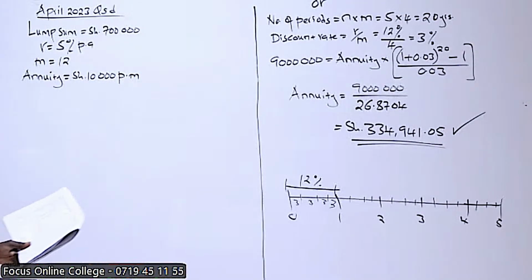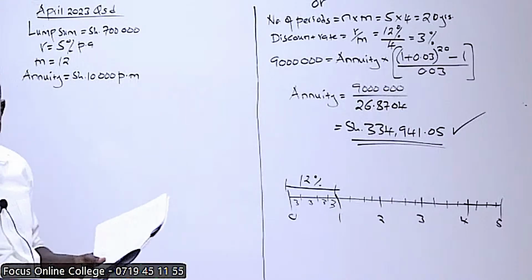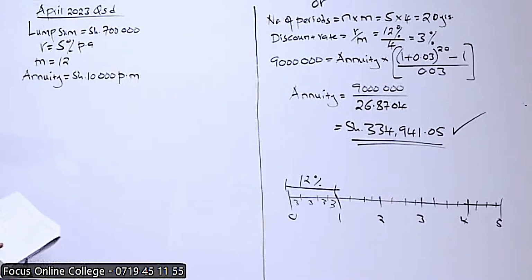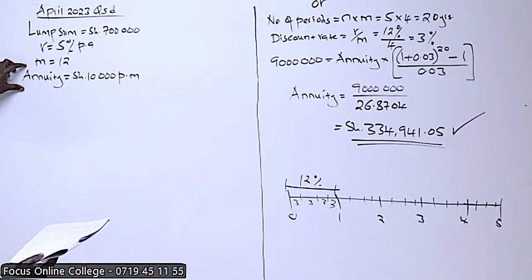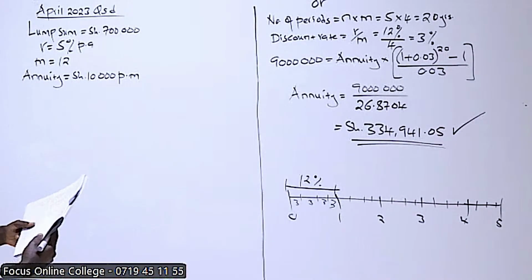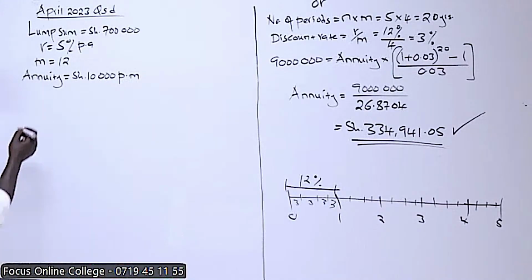So what I'm saying is how we are going to get the present value of this lump sum is different from how we are going to get the present value of this annuity figure. Because here the question says, determine the value of the investment after 10 years.